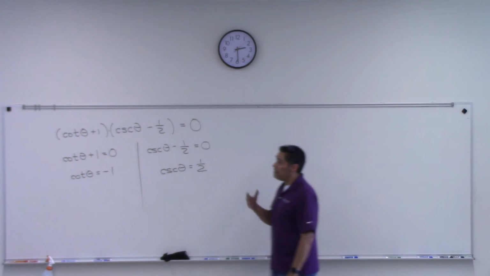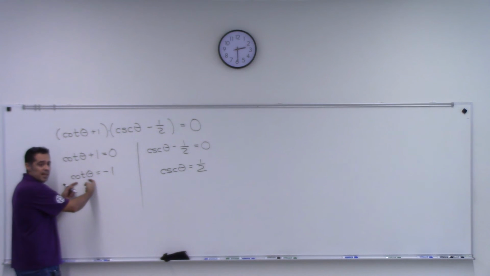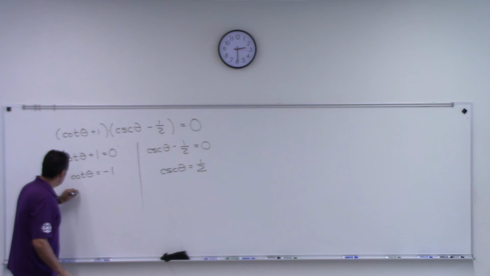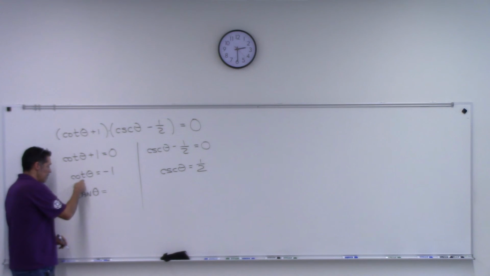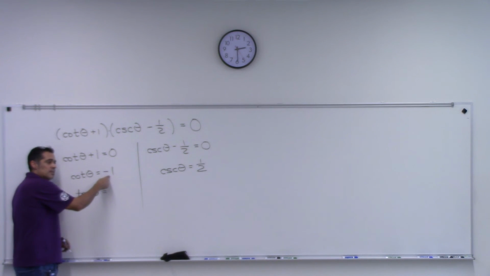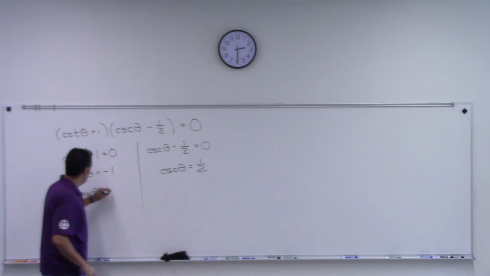Now, in terms of things we're more familiar with, cotangent is the reciprocal of tangent, isn't it? So I could write tangent theta is the reciprocal of this. Now reciprocate this. What's the reciprocal of that? Still -1, right?